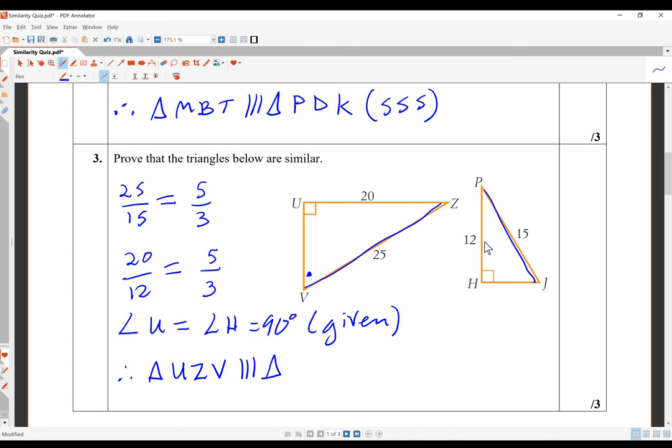And in the other triangle, the angle opposite the second longest side, we'll put a dot there, which means we can put a cross there and a cross there. So we've got the matching angles now. So U obviously matches with H. Z will match with P. And V will match with J. Okay? And the reason for that is RHS.